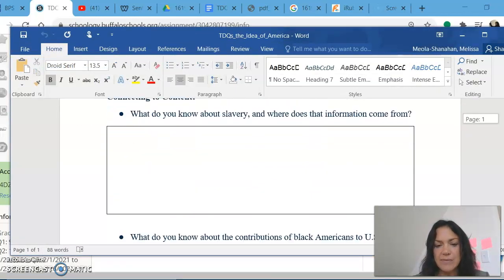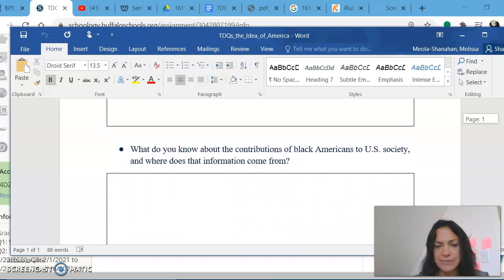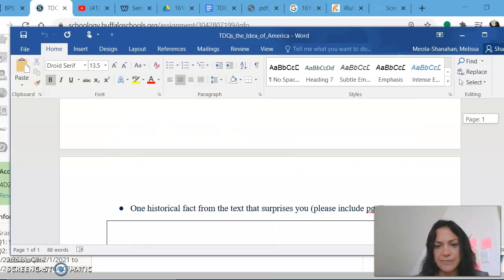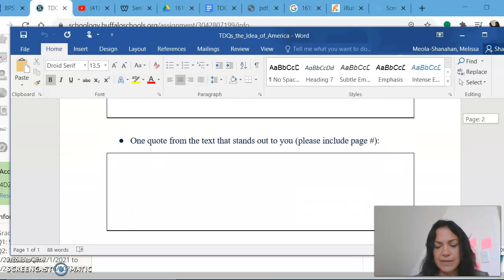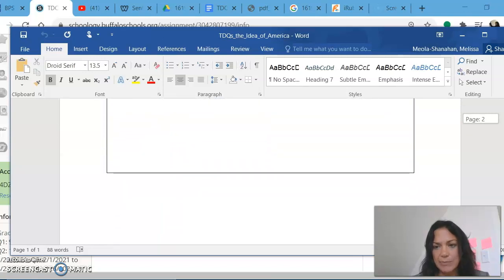Please use evidence from the text to support your answer. And then upload your responses.